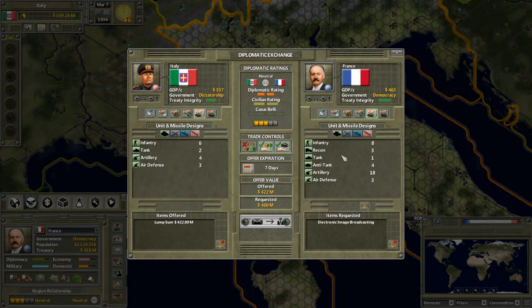Then you can trade unit designs, which can be useful, especially if you don't have access to some stuff. For example, in the El Salvador game that I did, the World Conquest one, El Salvador doesn't really have access to anything else than the worldwide stuff.